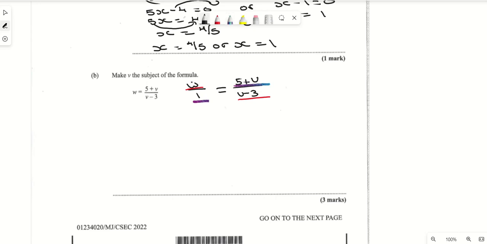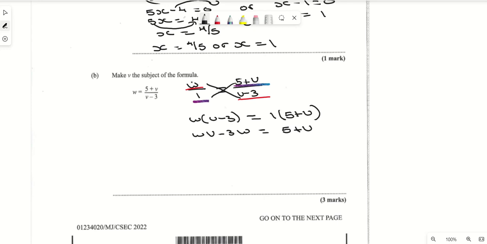So it is now going to become w multiplied by v minus 3, right, cross multiplication, is equal to 1 by 5 plus v, right? So w by v is wv, w by minus 3 is minus 3w, is equal to 5 plus v, right?